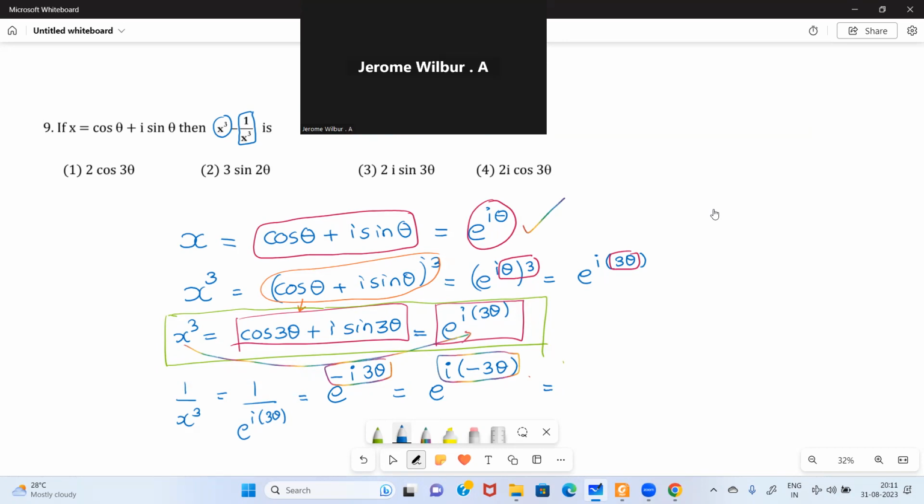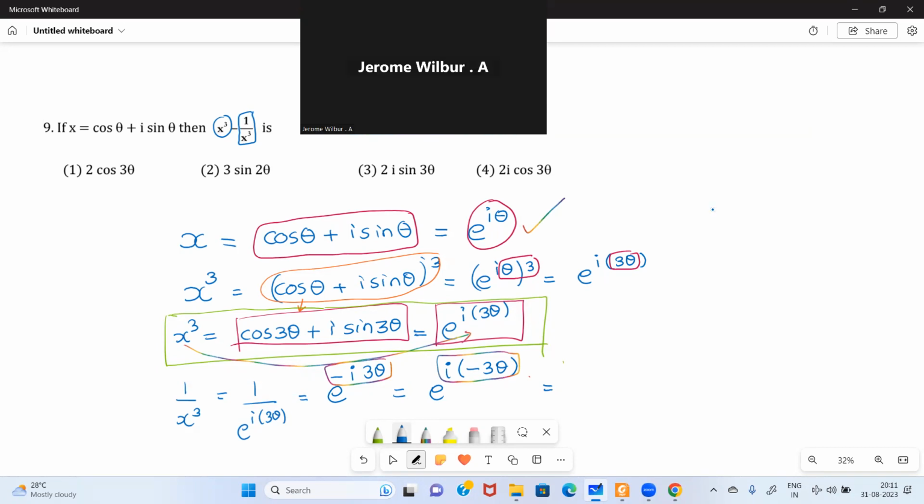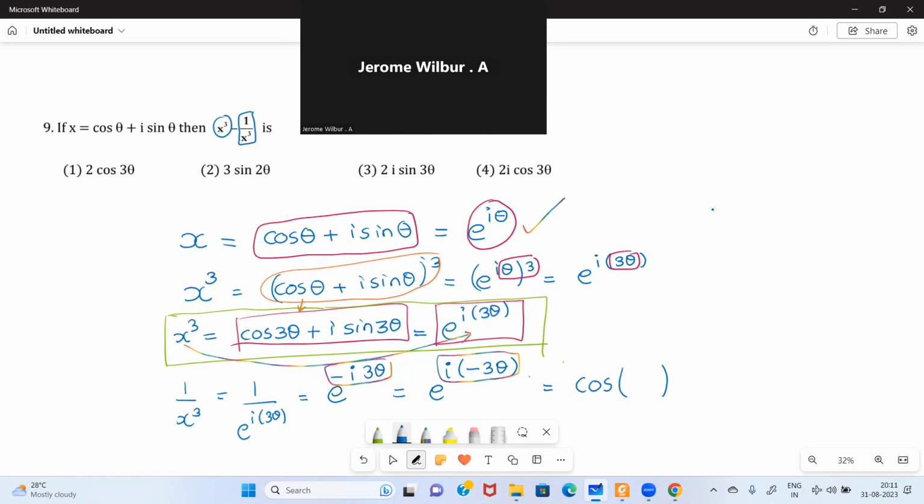Tell me as it is first, then we will look into minus plus. Cos of what angle? Minus 3 theta.